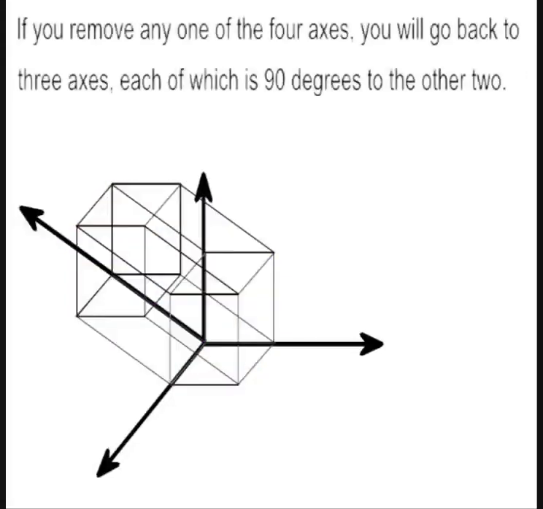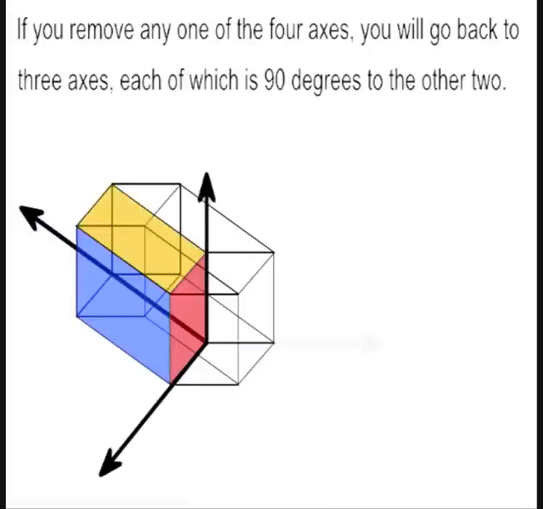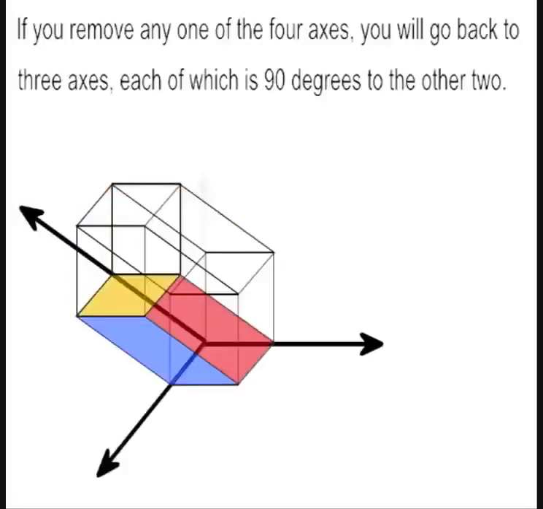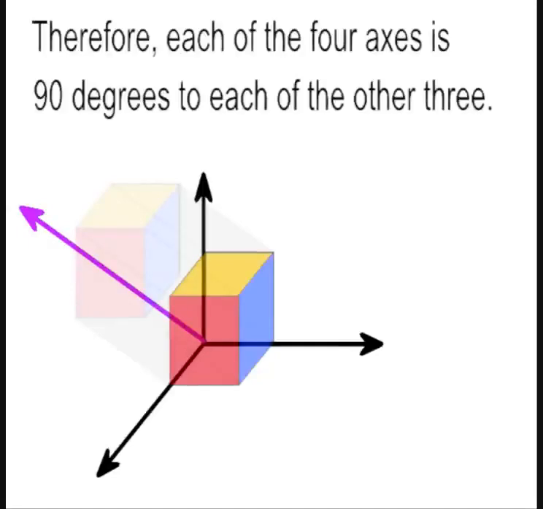If you remove any one of the 4 axes, you will go back to 3 axes, each of which is 90 degrees to the other 2. Therefore, each of the 4 axes is 90 degrees to each of the other 3.